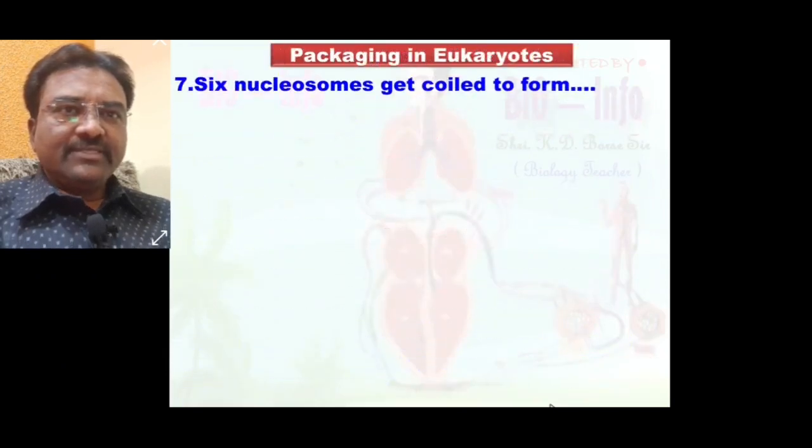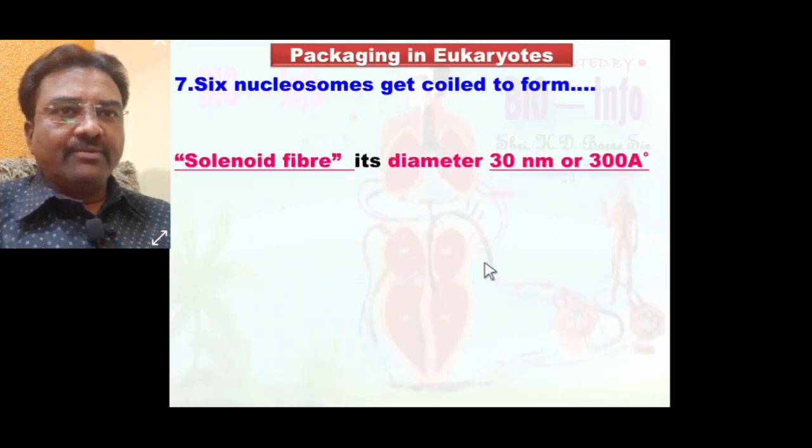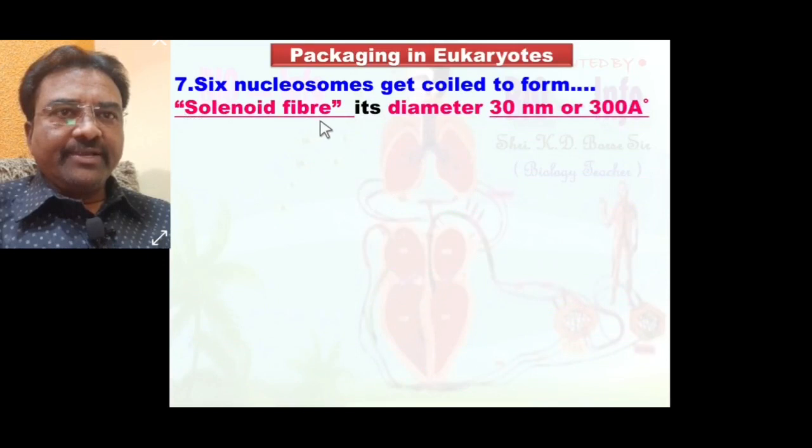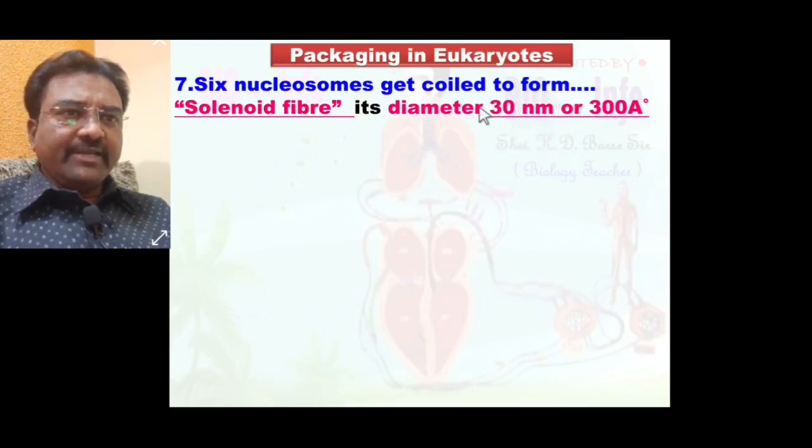Now 6 nucleosomes get coiled to form solenoid fibers. Its diameter is about 30 nanometers or 300 angstrom.